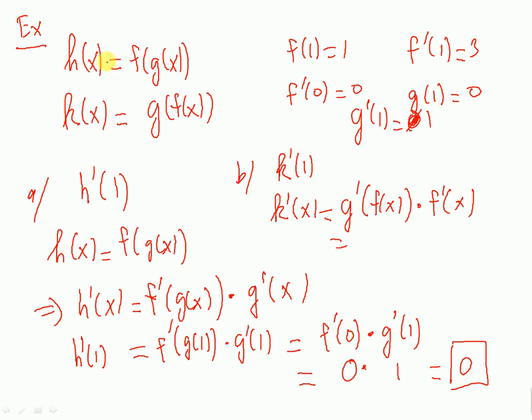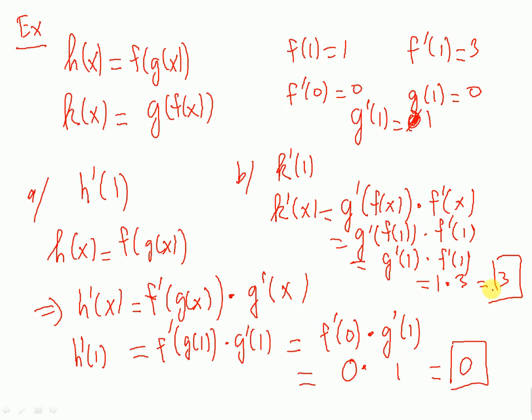The value of x here is 1, so I plug in f of 1 here, and f prime of 1 too. Now f of 1 given here is also 1. So we have g prime of 1 multiplied by f prime of 1. Finally, g prime of 1, which is 1, multiplied by f prime of 1, which is 3. So 1 times 3 is 3. The final value is 3.